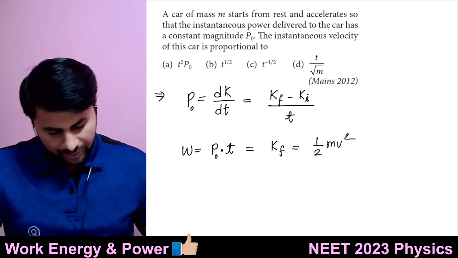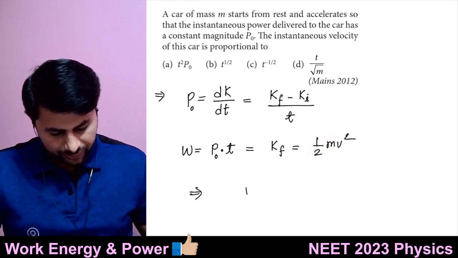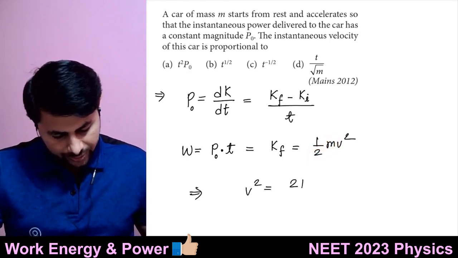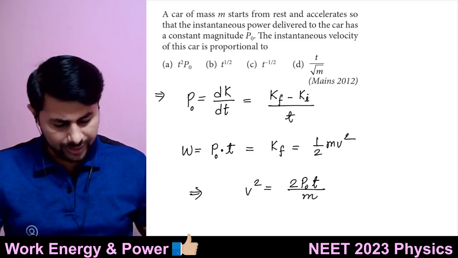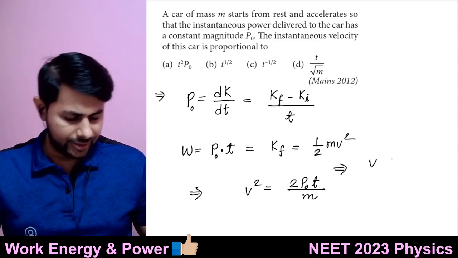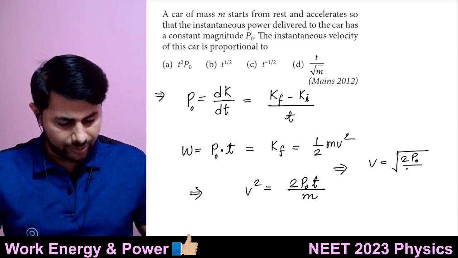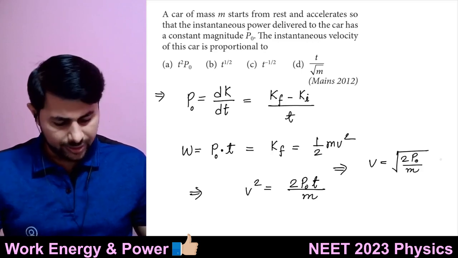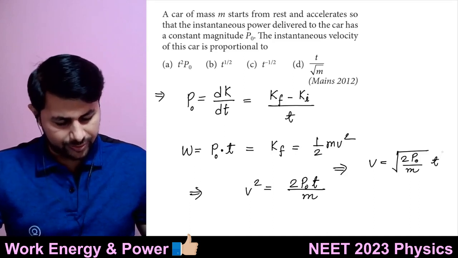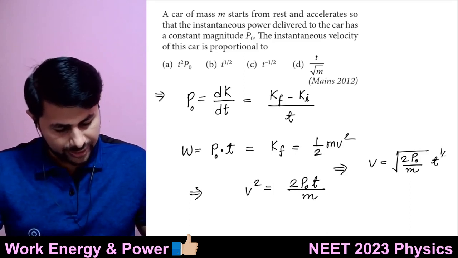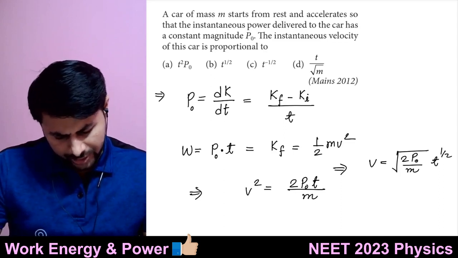Okay, so you can move this 2 and m to the other side. So what do you get? You get v square is equal to 2 times P naught times t divided by m, and therefore v is equal to what? Square root of that. So 2 times P naught upon m is constant, and you have square root of t also. Okay, so t raised to half, or square root of t you can say. So which option?